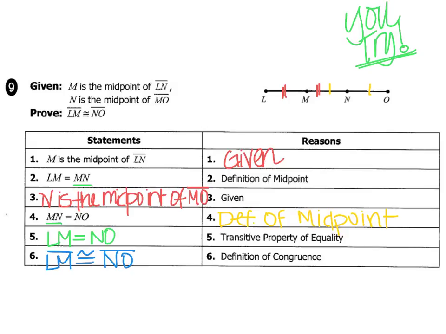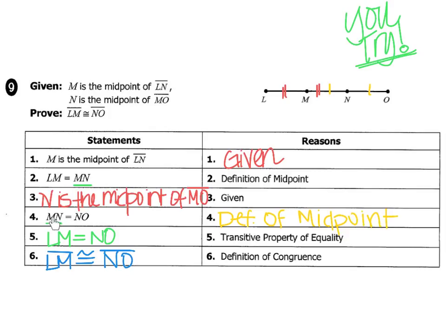Because definition of congruence, if two are equal, then they're congruent. Then we can say that N is the midpoint of MO. That was another piece of given information. So therefore, MN is equal to NO. If N is the midpoint of MO, MN is equal to NO, and this is by definition of midpoint, all right? That is what it means to be a midpoint.